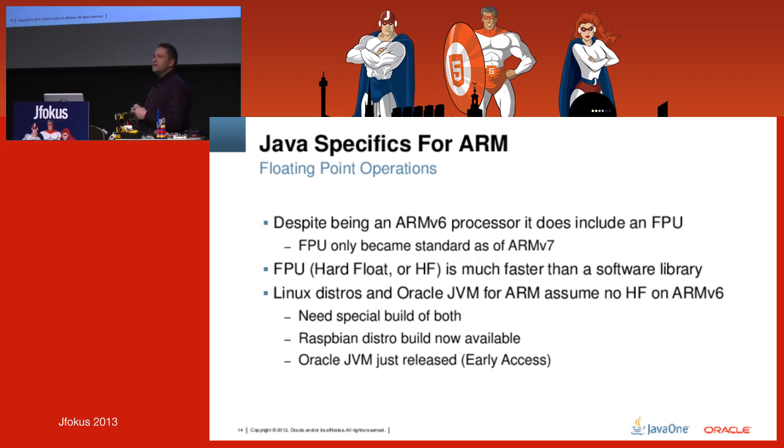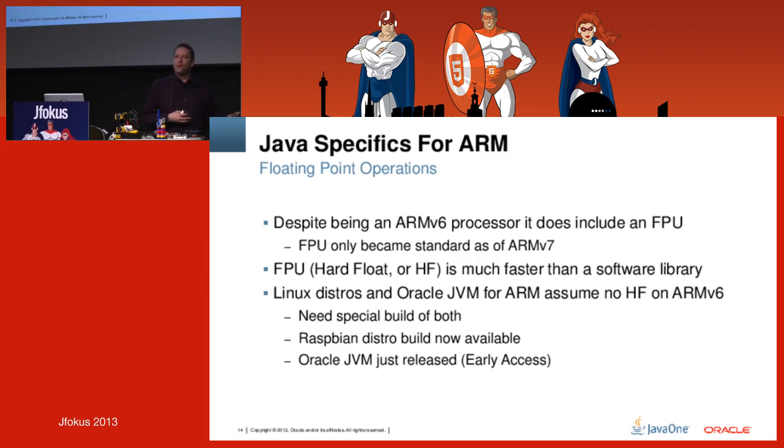As of ARM v7, hard floating point support, additional hardware in the architecture, became standard, so you could rely on it being there. Having said that, the Raspberry Pi does actually have hard floating point processing capabilities built into it. So it's there, but it's not part of the standard.